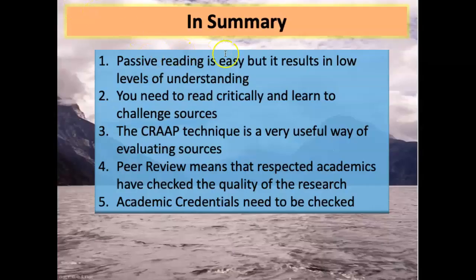So, in summary, passive reading is easy, but it results in very low levels of understanding. There is a time to skim read when you are trying to cover lots of information fast, but when you discover information that you're going to use, you must read it critically, and you must learn to challenge the sources.